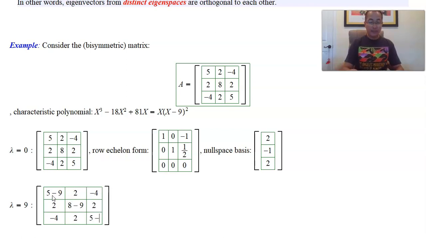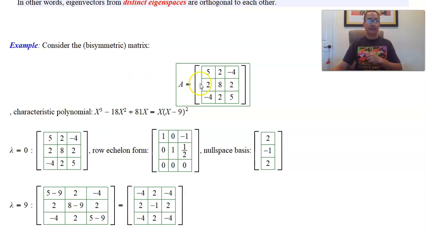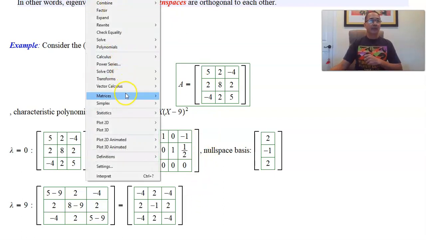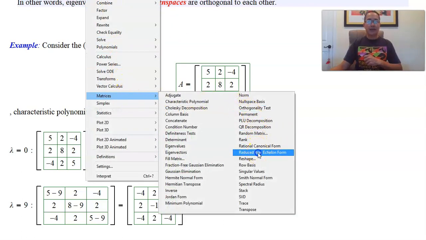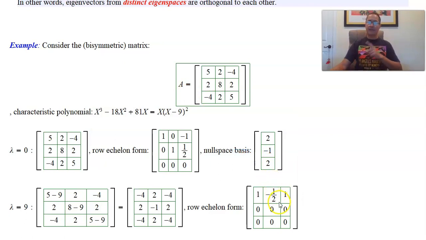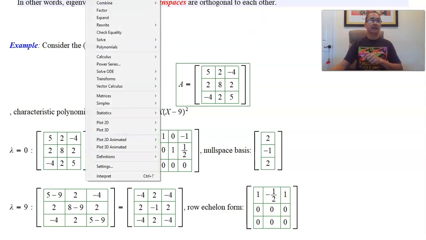Minus 9, minus 9. So it should be A minus 9 times I3. Which means subtract 9 from the diagonals. That's what we get. Compute matrices REF. Okay. So this time we have two free variables. Null space basis.